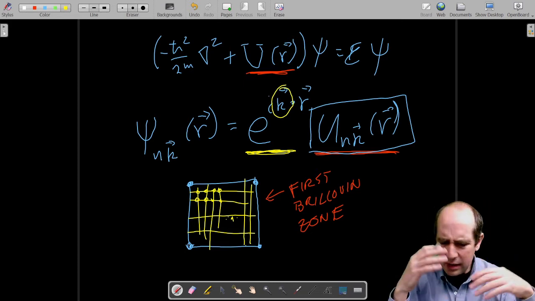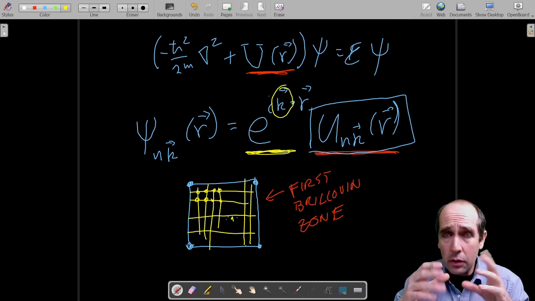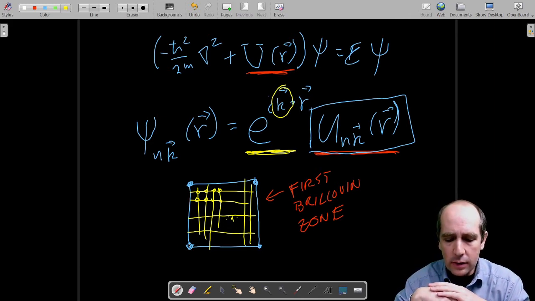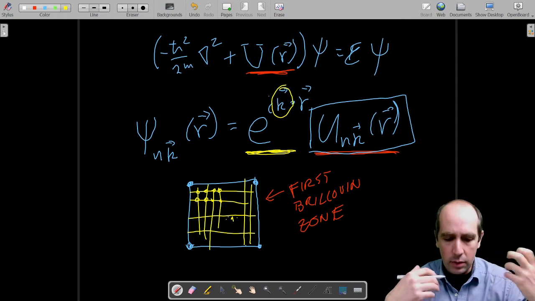Okay, so all of this again is very abstract, is very technical, and what we will try to do today is to make sense out of this.